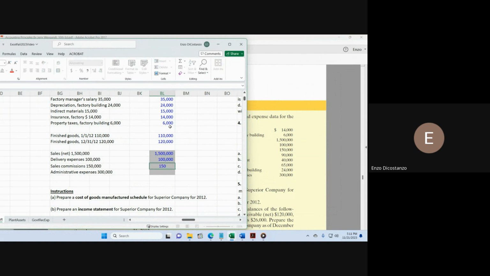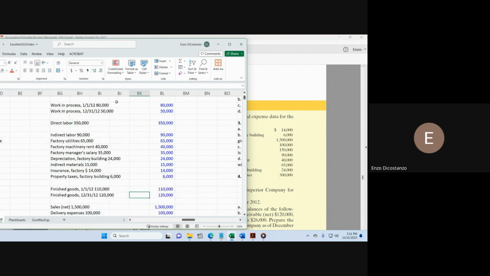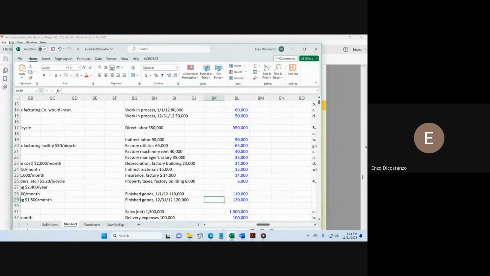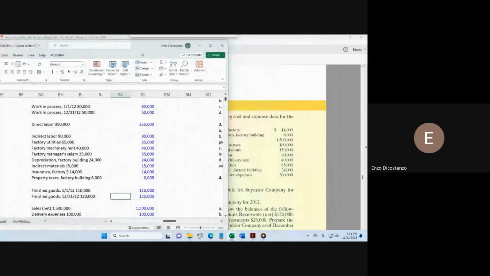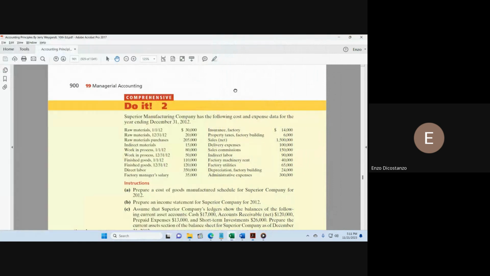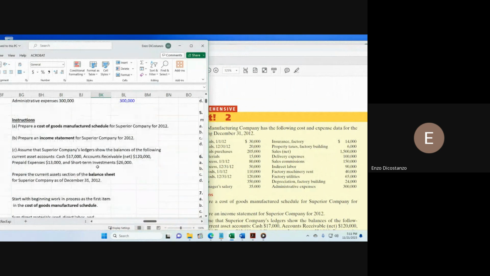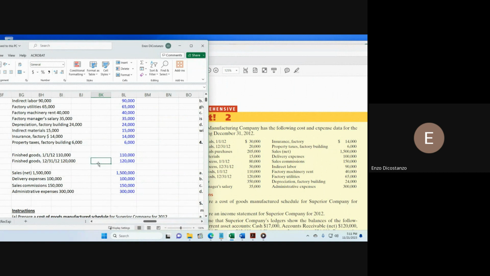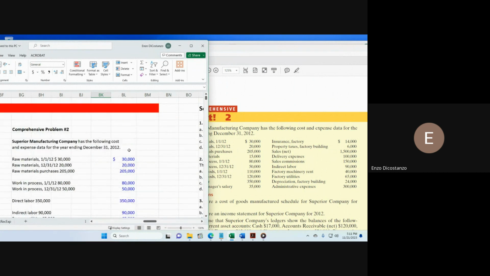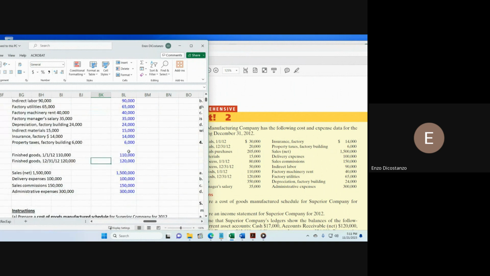Sales commission, the aggregate sales commission, 150,000, and administrative expenses. So we have all 20 of our financial data points.